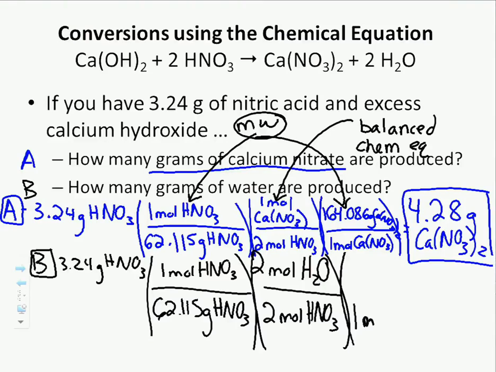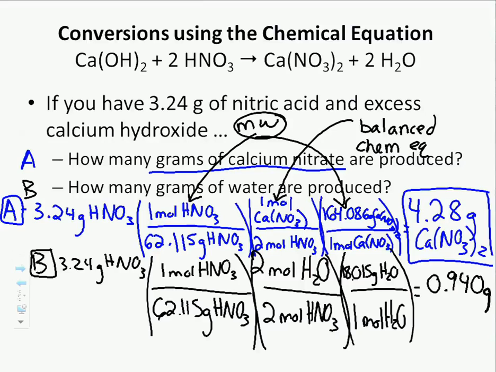Now we have 1 mole of H2O is equivalent to 18.015 grams. If we multiply all of that together, times 2 times 18.015 divided by 62.115 divided by 2, we should end up with 0.940 grams of H2O.